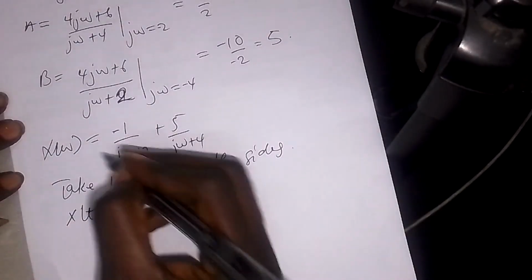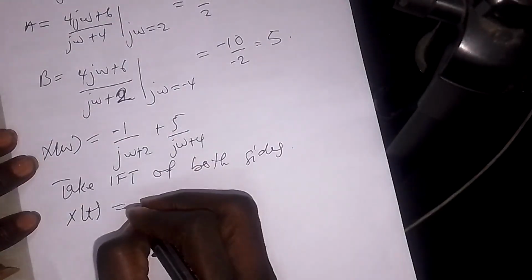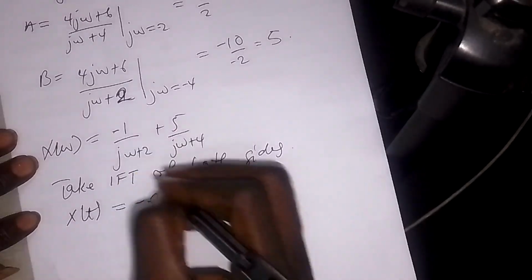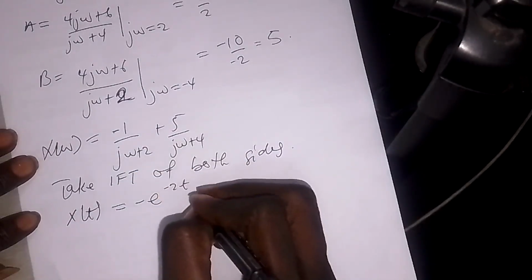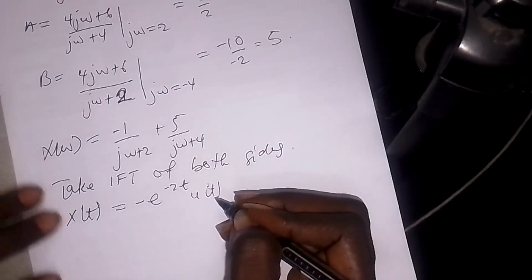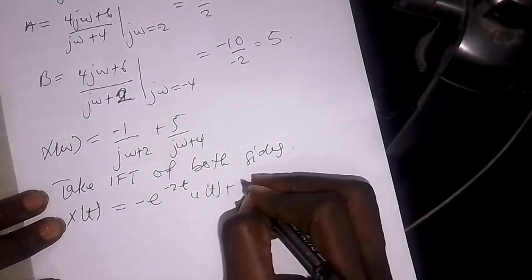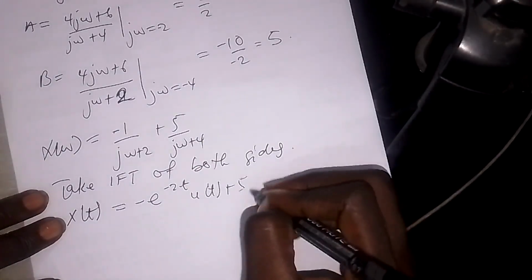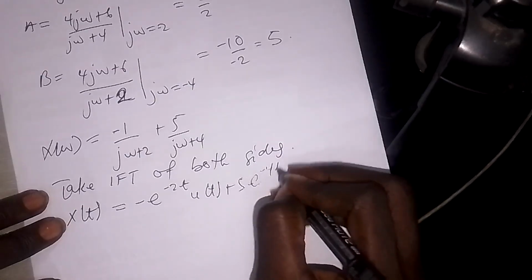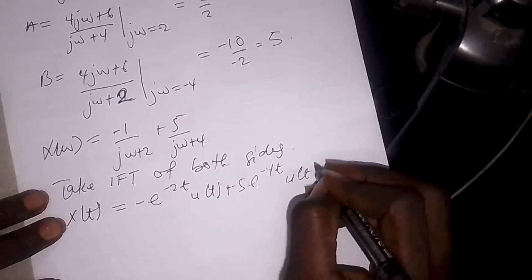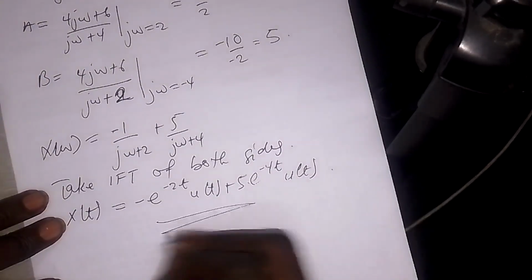Then of this side I'll get minus e to the minus 2t u of t, then plus 5 e to the minus 4t u of t. So that's the end of this one.